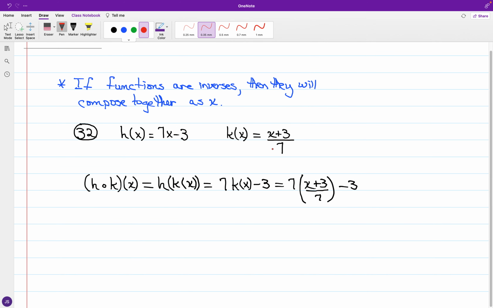In this case, the 7s are going to cancel out, and so we have x plus 3 followed by the subtraction of 3, and that is equal to x. So that first part checks out.